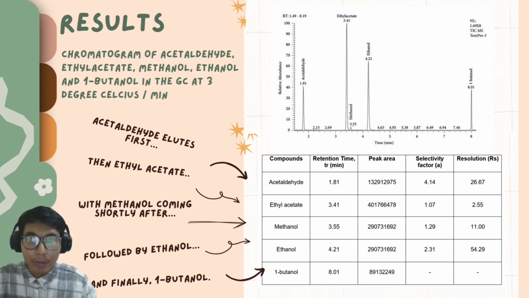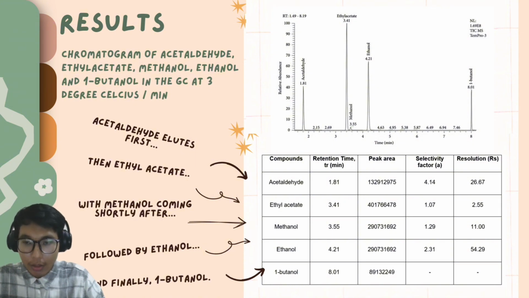As for the chromatogram above, the first compound that elutes is acetaldehyde, which has a retention time of 1.81, and the peak shows the concentration of the compound. Next, we have ethyl acetate, which is 3.41, and the peak shows that it has the highest concentration.